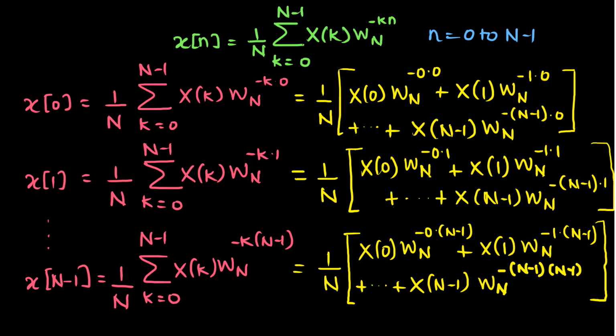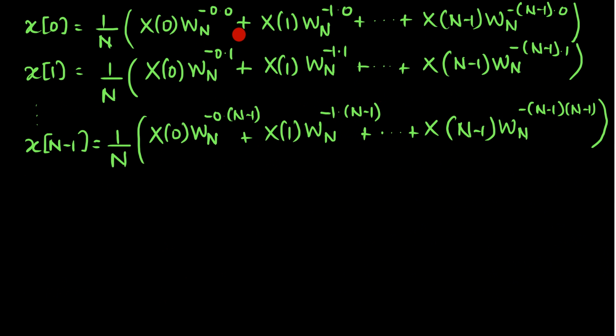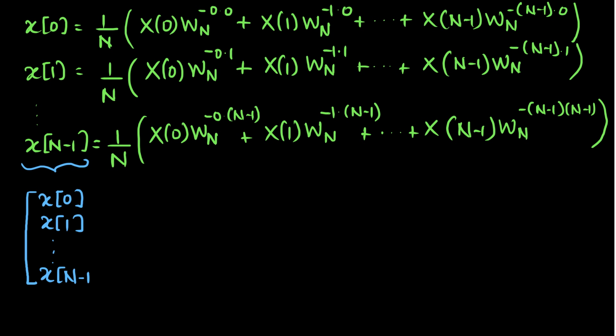So these are the expanded versions for the value of x of n for different values of n ranging from 0 to n minus 1. Now again, this part here can be represented as a small vector of n cross 1 dimension. So it can be given as x of 0, x of 1, and so on till x of n minus 1.